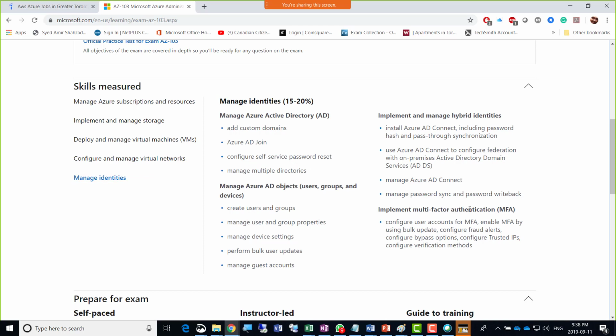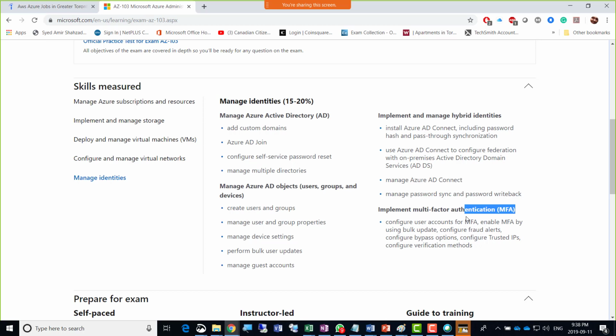And then there's multi-factor authentication here. Definitely in AWS and Azure both, and in Office 365 as well, you should know how to enable multi-factor authentication. Some of us may be using that in our companies, but multi-factor authentication is when you put your username to enter the Azure or AWS website.